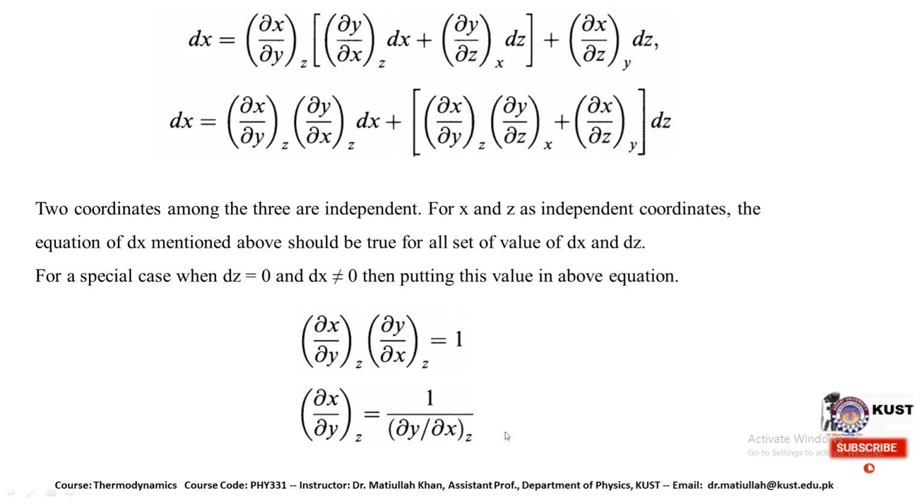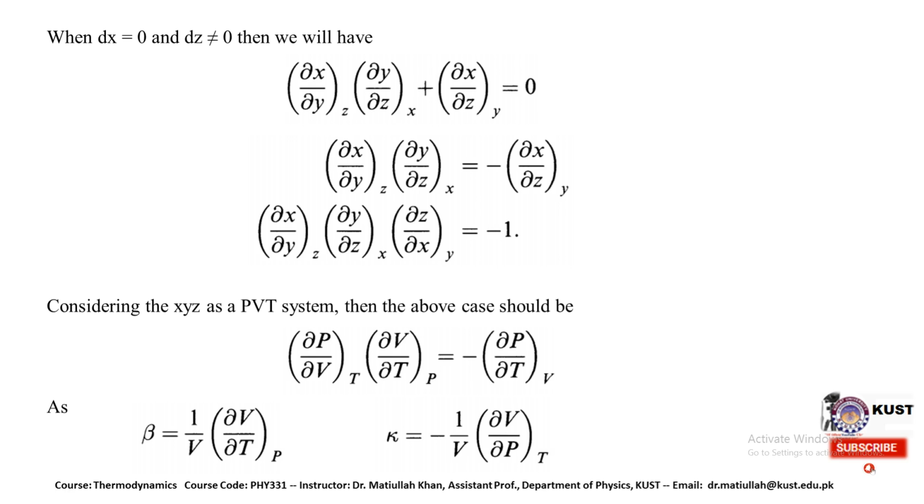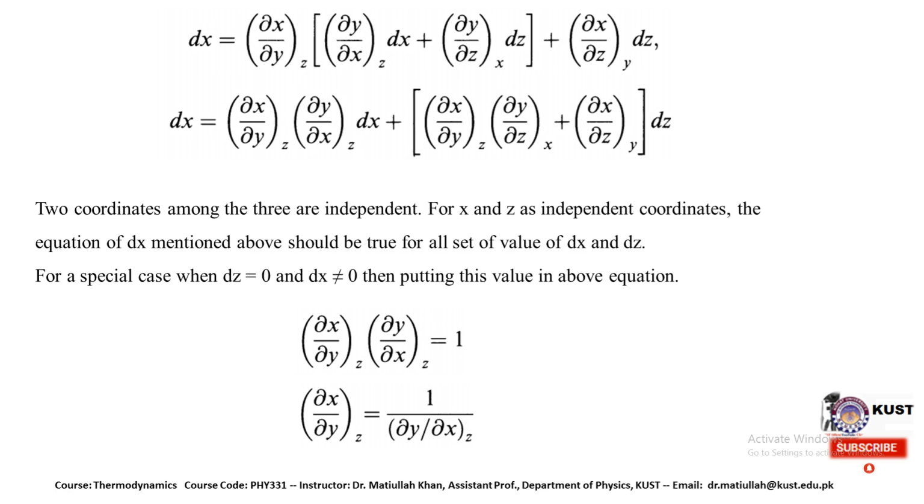It's very simple. We consider another case, in which the value of dx is equal to 0 and dz is not equal to 0. What will happen? The resultant equation will be like this: if dx is equal to 0, this part of the equation will become equal to 0, because 0 multiplied by anything leads to 0. Similarly this part of the equation will also become 0.